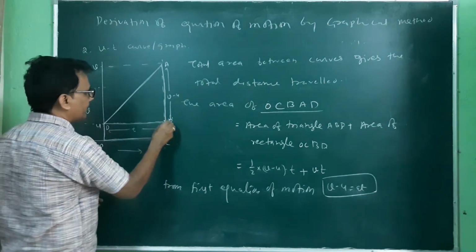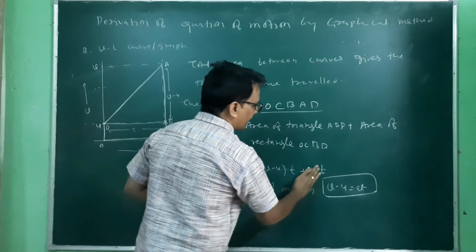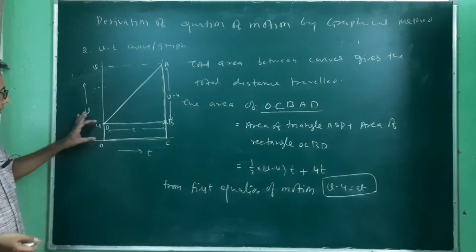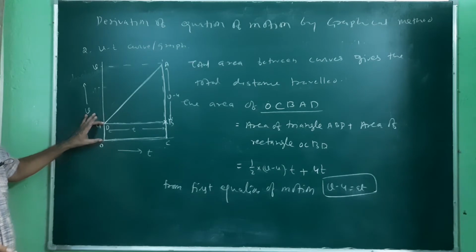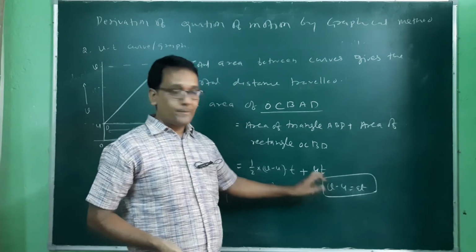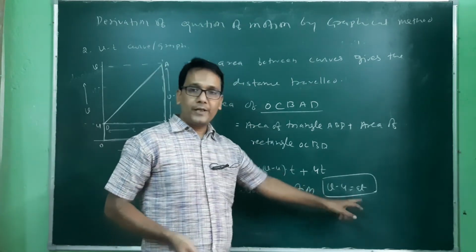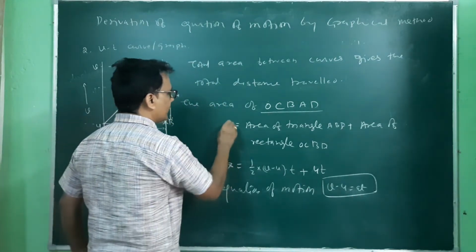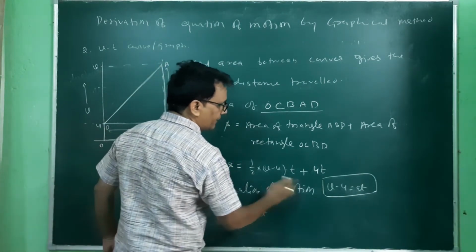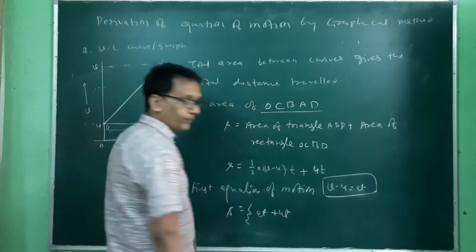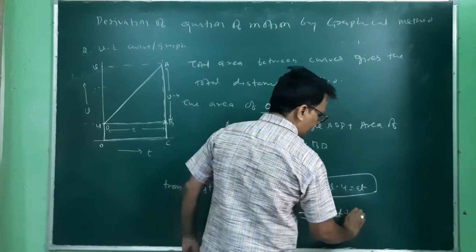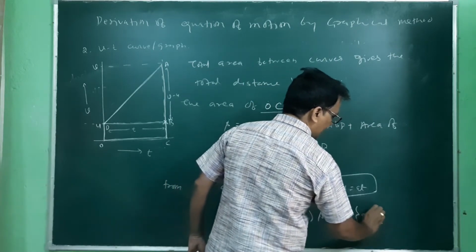We have to calculate the area of this rectangle. Here this is u and this is t, so u multiplied by t, and for v minus u we put at. So the total displacement s is equal to half multiplied by at times t plus ut, and this is written as s is equal to ut plus half at square.